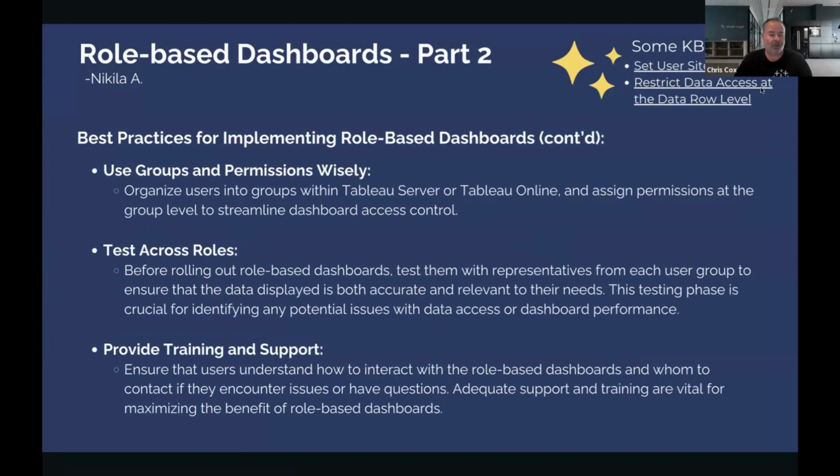I often coach people when they're setting up their site or their projects to never use an individual user permission, but to put everybody in groups. So it makes sense to start with the roles: viewers, explorers, and creators. And then you might have subgroups, like these are viewers for finance, and these are viewers for sales.